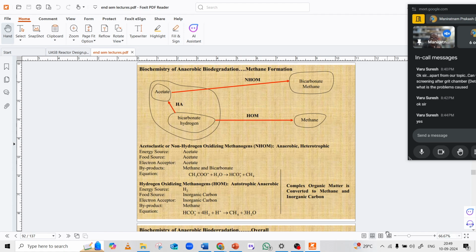Okay, now just to give you an idea, so that you can be more curious to know things and go into depth: if anyone can answer that in an anaerobic digester four processes are there, which bacteria are responsible for those processes?